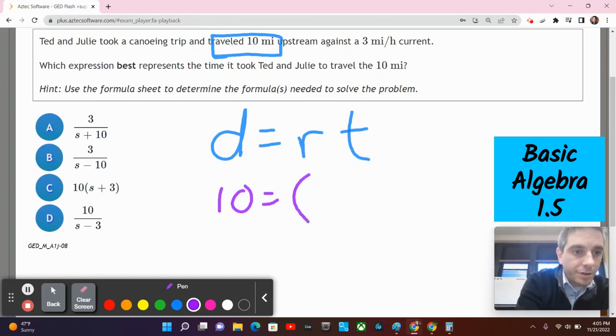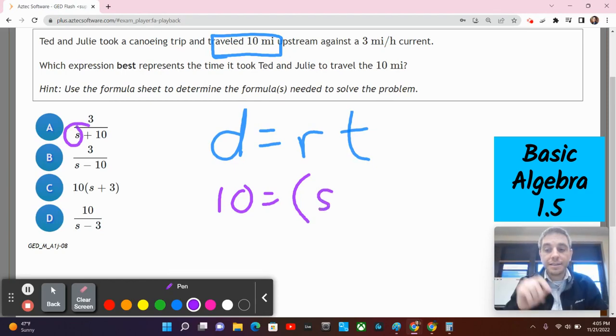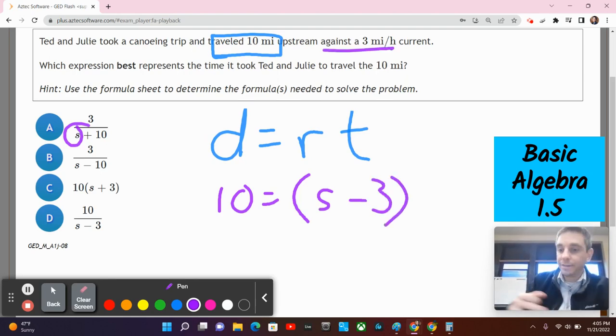And I'm actually looking over here at the answers. It looks like they use the letter S for speed, so I'm going to do the same. So I'm going to use the letter S to represent the speed that they're going in the canoe if there was no current whatsoever, because they're actively working against it. So it's basically subtracting 3 miles per hour from whatever speed they're going.